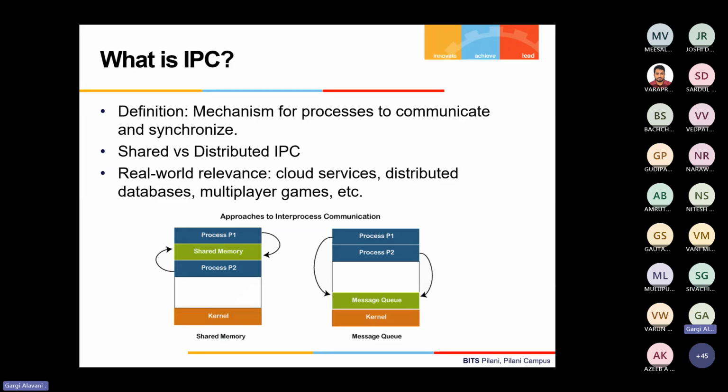To start with, understanding what is IPC. Interprocess communication, or IPC, is the technique used by processes to exchange data and synchronize their actions. For IPC on a single machine, we can use shared memory or pipes.